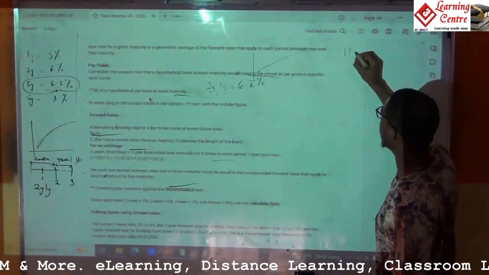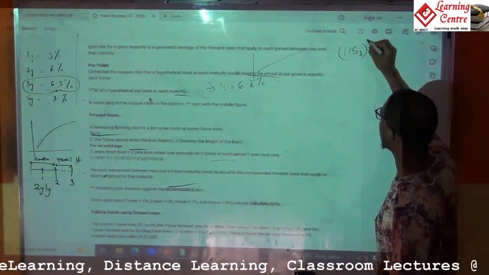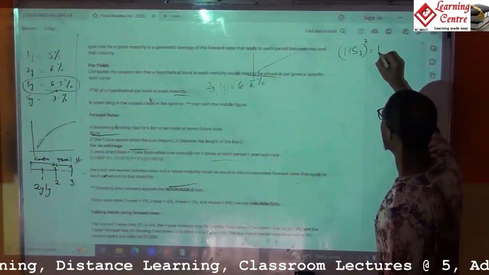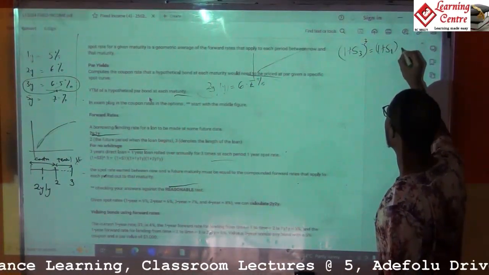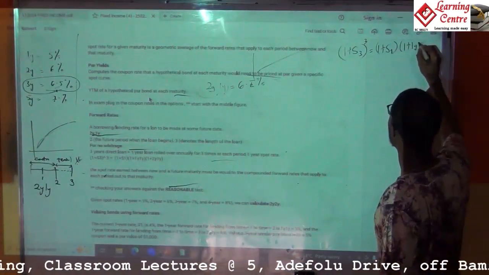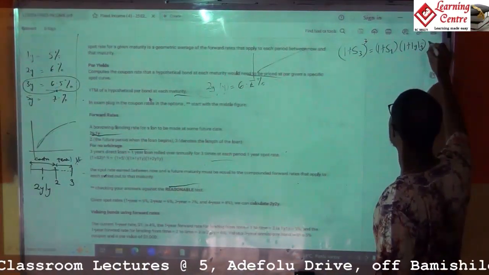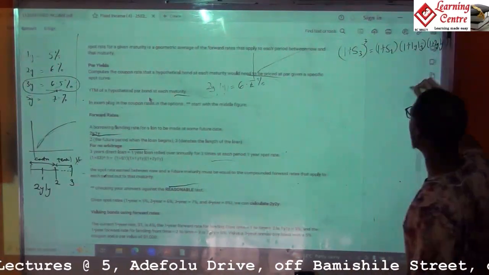So (1 + s3)^3 equals (1 + s1)(1 + forward rate 1 year, 1 year)(1 + forward rate 2 year, 1 year).